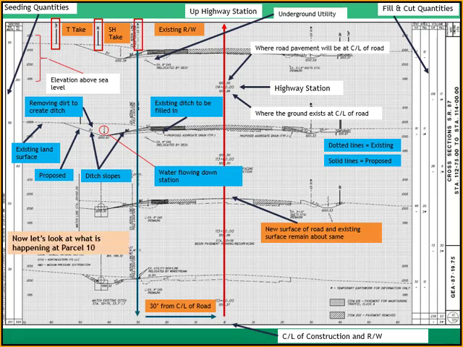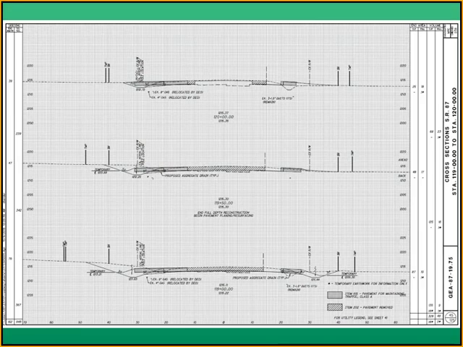So now let's look at what's happening in the vicinity of parcel 10. Here's the cross sections. We're starting at the bottom, which is station 119 plus 0. And parcel number 10 starts at station 119 plus 50, which is the center of the sheet.